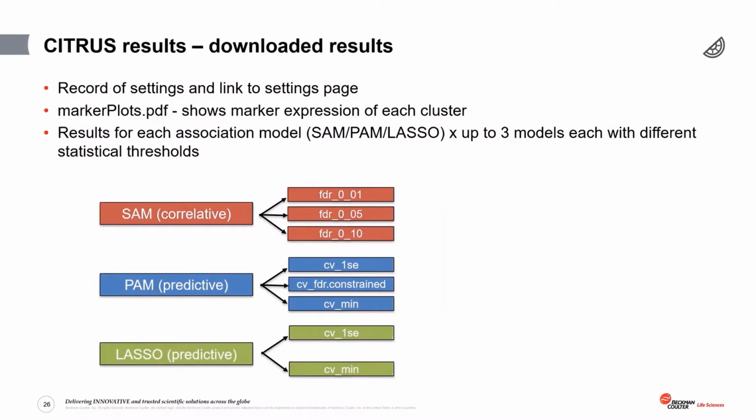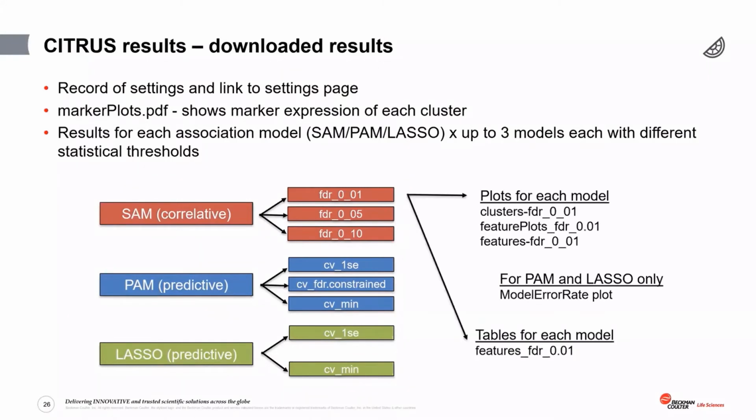For each model and statistical threshold, there are plots of the cluster trees, histograms of marker expression, and box plots included. The predictive models will have model error rate plots to assess the quality of the model. And each model also has tables of cluster abundance or median.